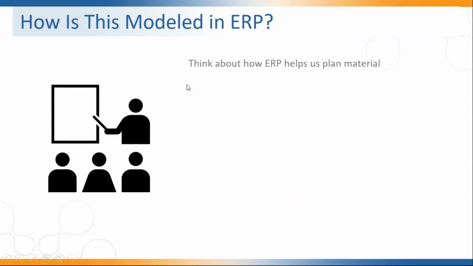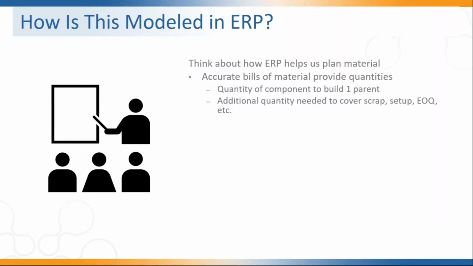So let's think about how this is actually going to be handled by our ERP system. Again, we'll use the example of how ERP helps us to plan material, because material and time are planned in very similar ways.